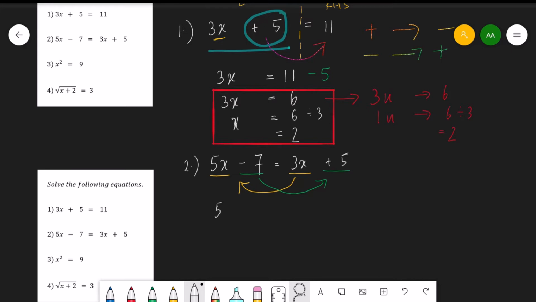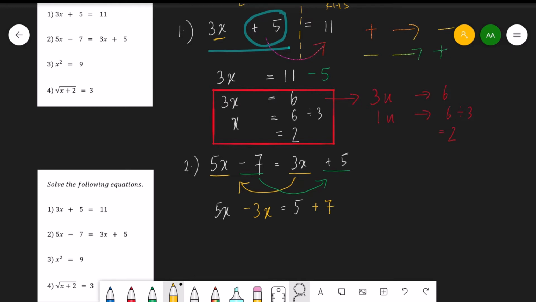So we have 5x, and when we transfer the 3x, which is a positive 3x, to the other side, we have minus 3x. This is the new item that we have. On the right hand side, originally we have 5, and now minus 7 has become plus 7.